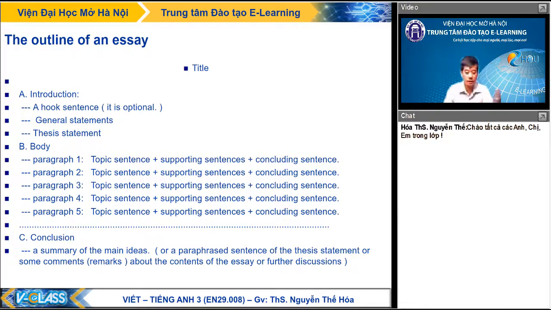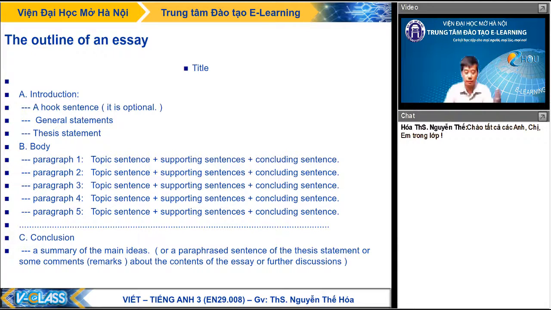Now, usually in writing an essay we have a title and also 3 parts. They are introduction, body, and conclusion. In the introduction we have to write a hook sentence, but you should know that this sentence is optional, because sometimes we need a hook sentence, sometimes we don't.